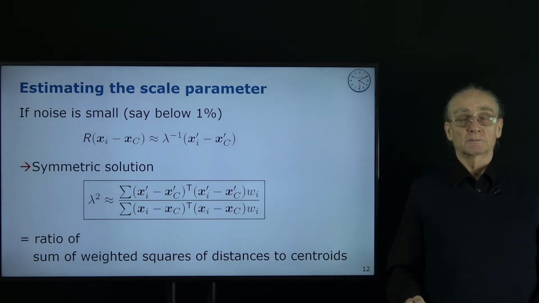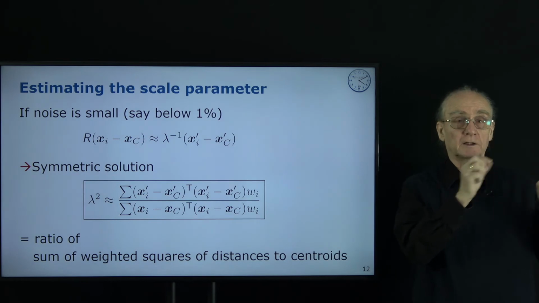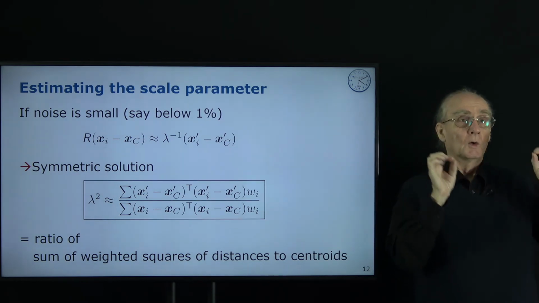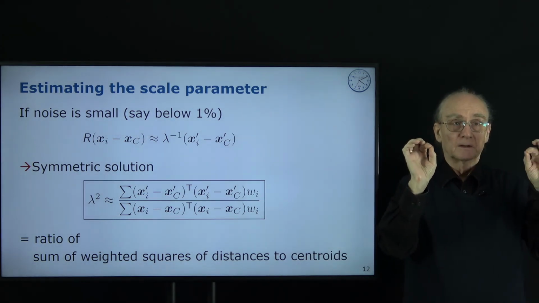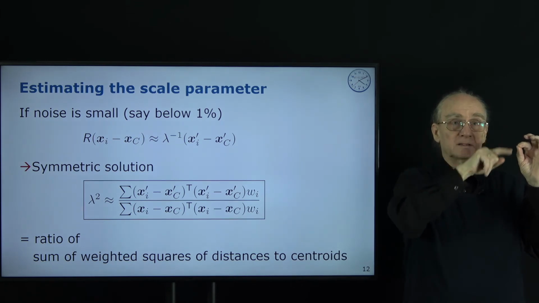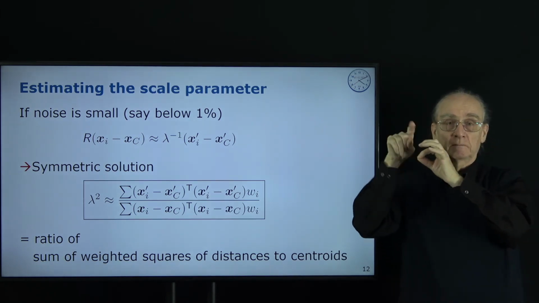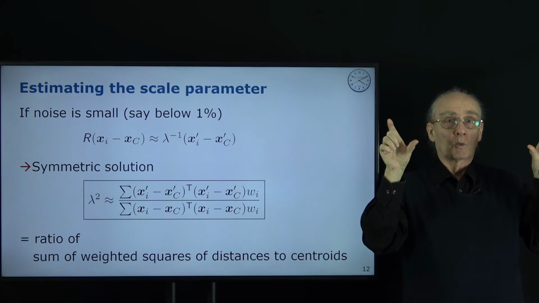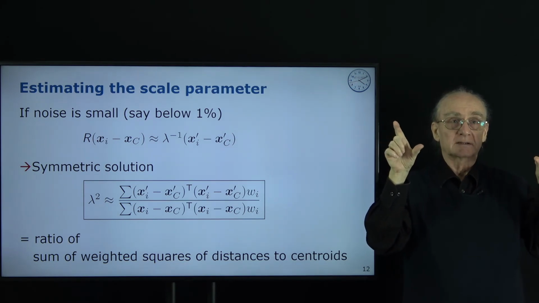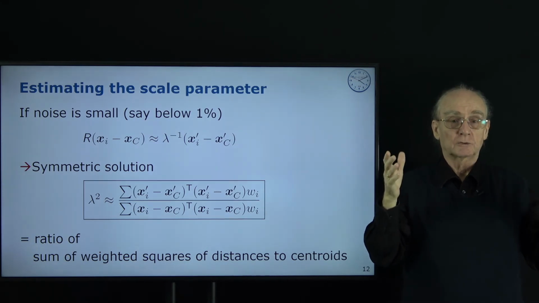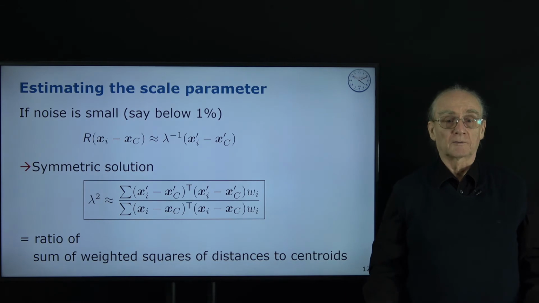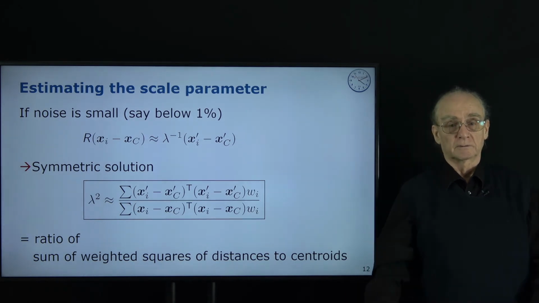So this is very plausible. We have a point cloud here and a point cloud here. We take the centroids, we take all the distances here and here, we take the weighted sum of the distances left and right of the distance squared, and take the ratio and get our square of the scale factor.